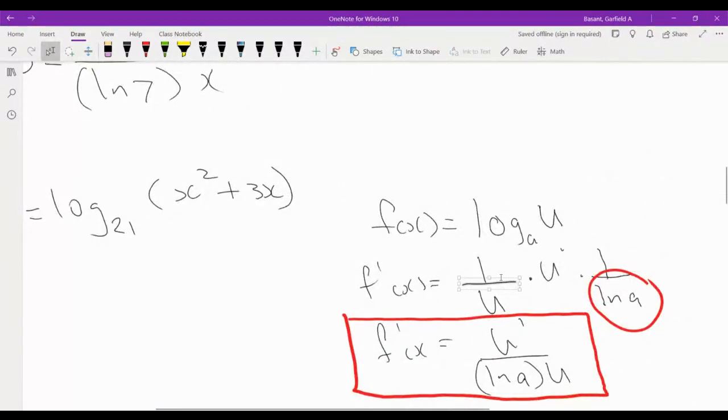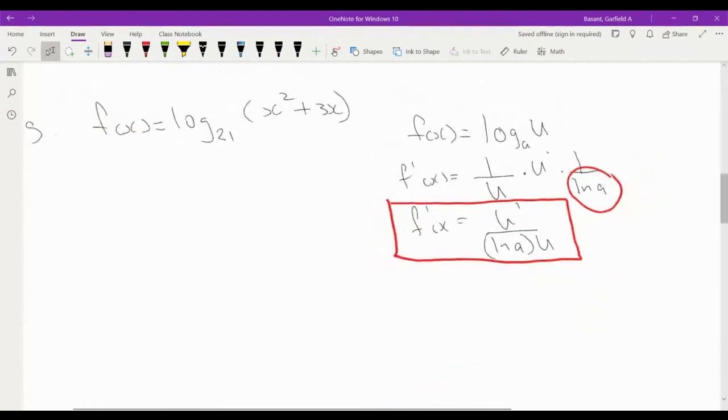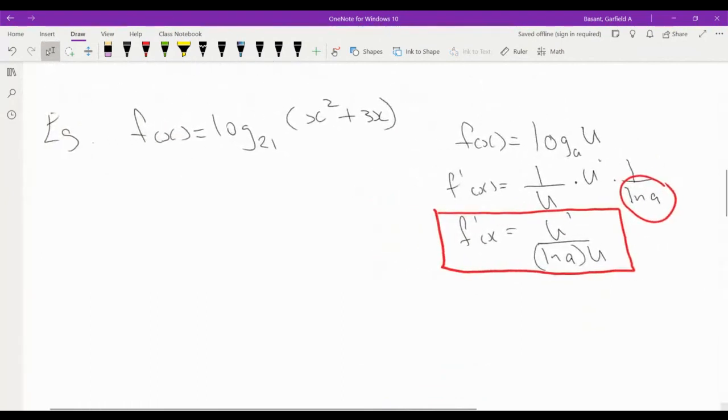All right, so this is the rule we're going to use. How do we know? Well, first of all, this is not base e, this is a. And this is not just a plain old x. So if it's not a plain old x, then it's a u.